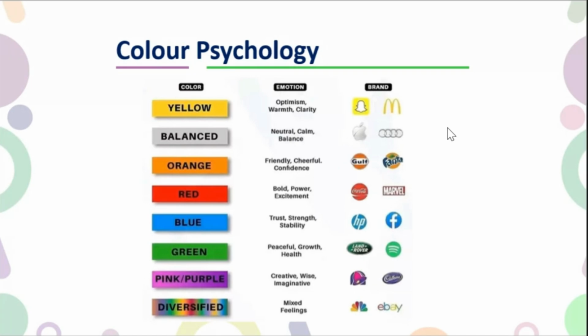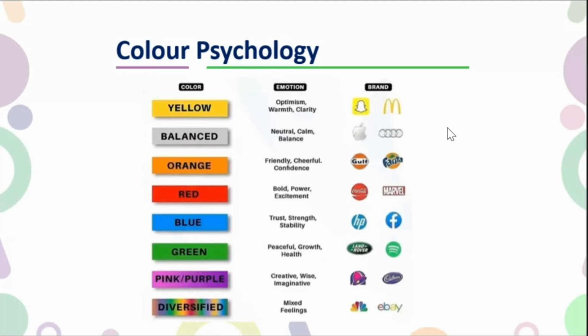When you look at Snapchat and McDonald's, they use yellow. McDonald's has two logos. One is in red and another one is in yellow. So in yellow, we have McDonald's and Snapchat. And we have the balance, the neutral. The balance is like a blend of gray.